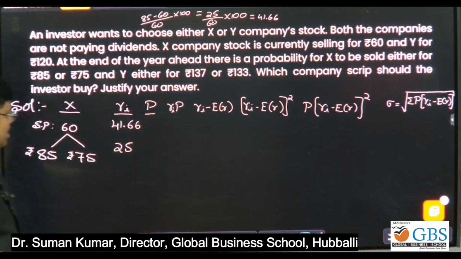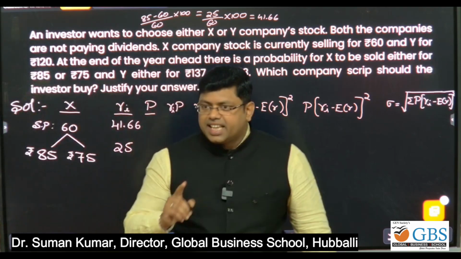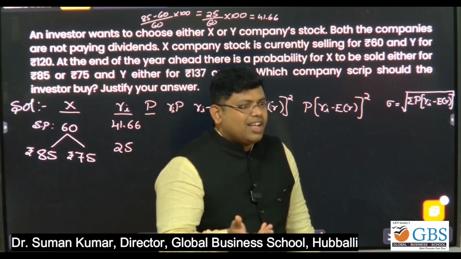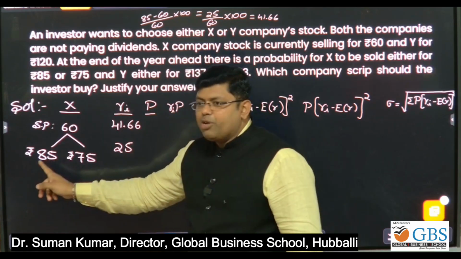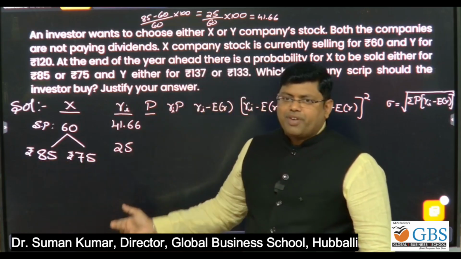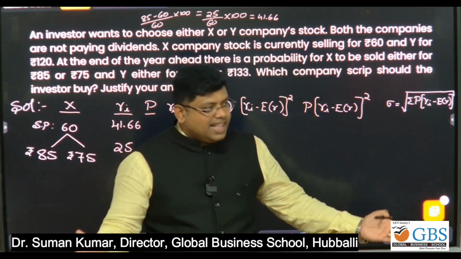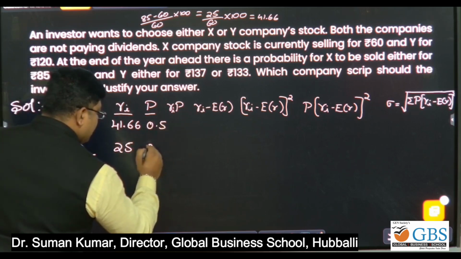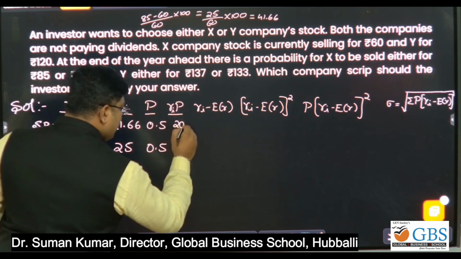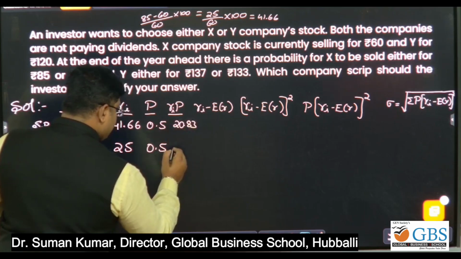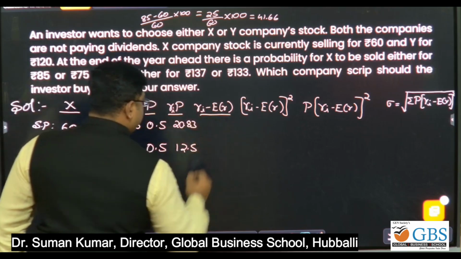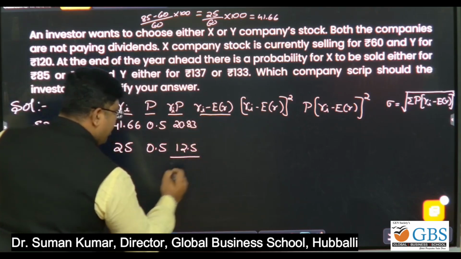Assumption. See, there are only two possibilities. Also, we studied in statistics: if there are two possible outcomes, head and tail, what is the probability of getting head? 0.5. What is the probability of getting 85 rupees? 0.5 and 0.5. Very, very simple. Clear? So the probability is 0.5, 0.5, 20.83, 12.5. Correct?